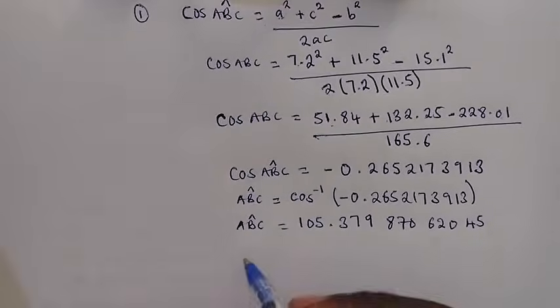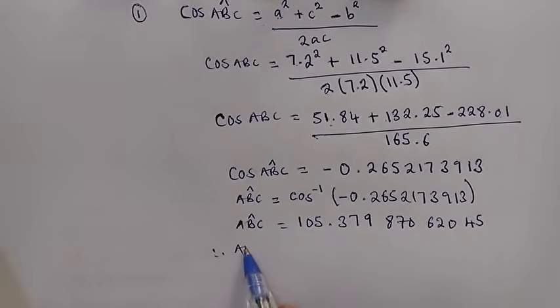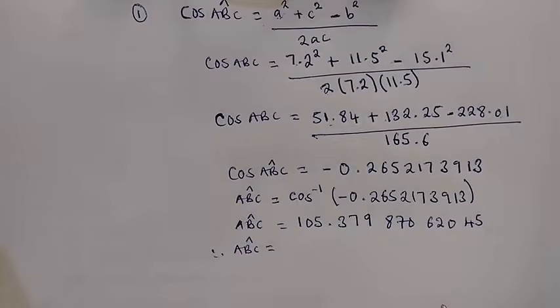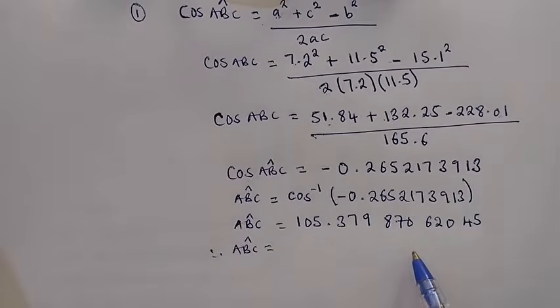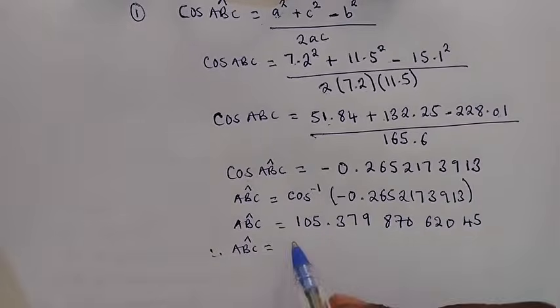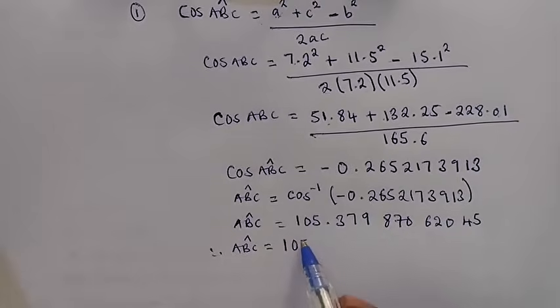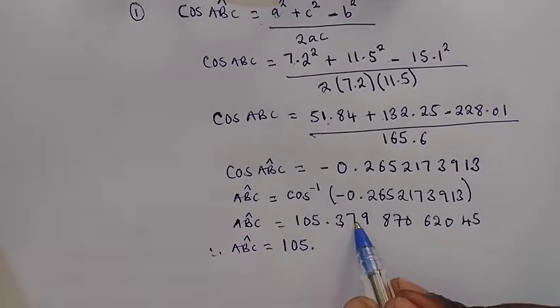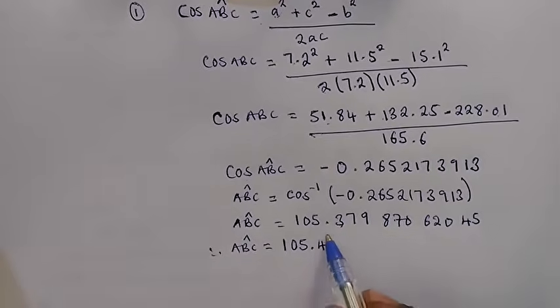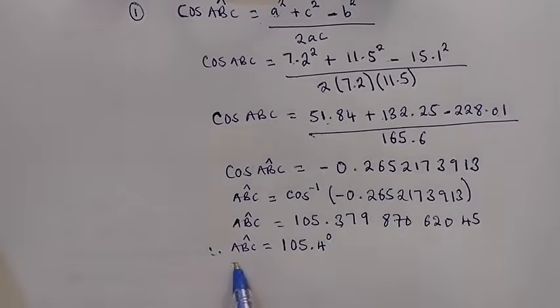So therefore, angle ABC: if the degree of accuracy is not specified in the question, leave your answer correct to 3 significant figures. But for answers that have to do with angles, as in this case, we should leave it correct to 1 decimal place. So we're going to have 105.3, and this 3 will be rounded up by the 7, so it will be 105.4 degrees. This is our answer.